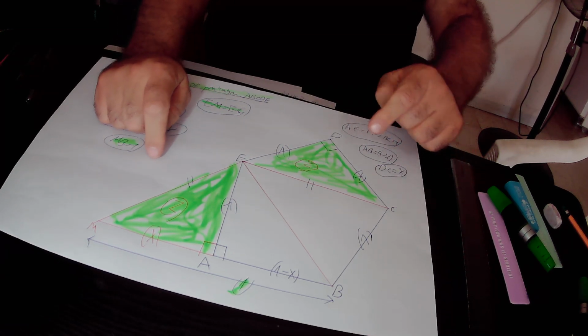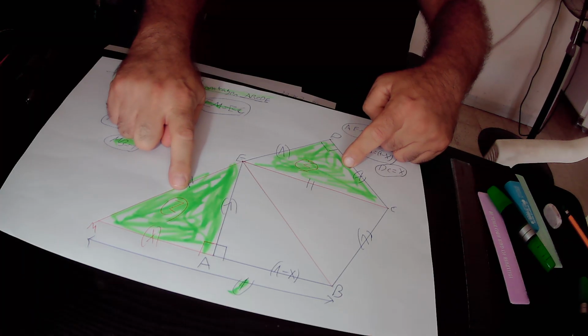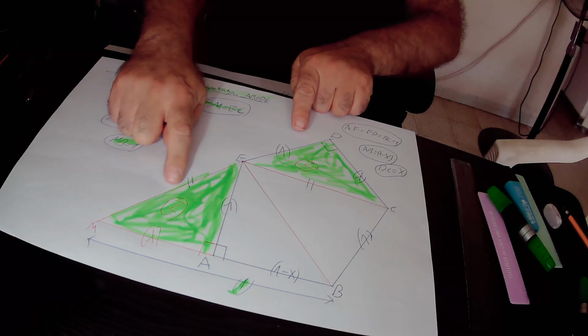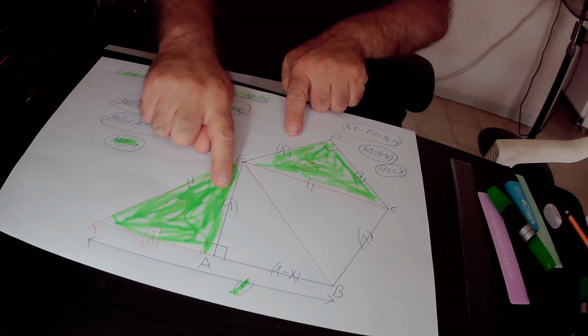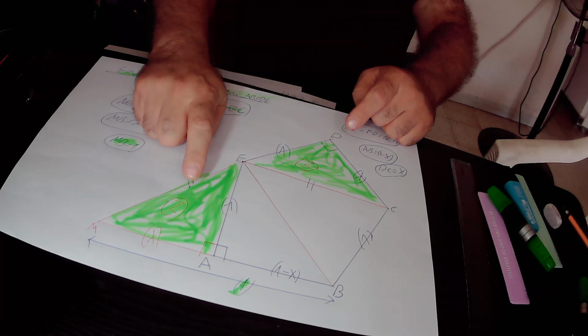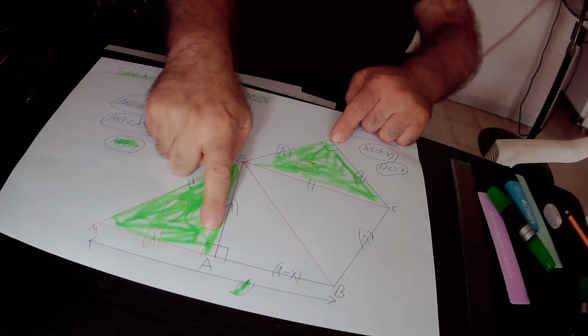In the next step, we prove that those two right triangles are congruent according to the side-angle-side rule. First of all, those two sides are both equal to 1 and therefore they are equal to each other. In addition, those two angles are both equal to 90 degrees and therefore they are equal to each other.